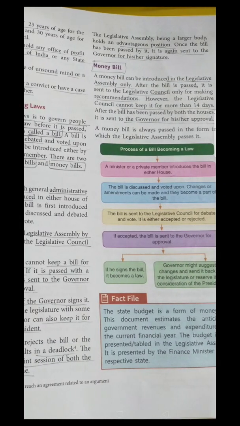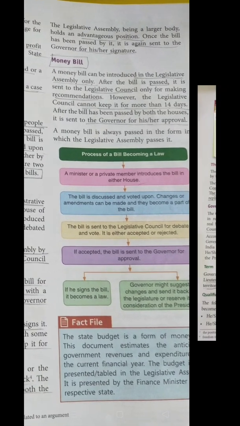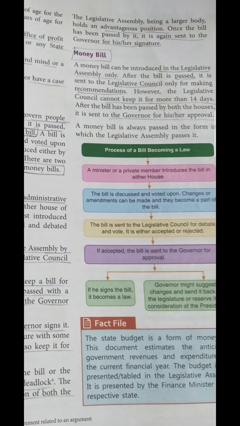But if I talk about the money bill session, how the money bill is going, definitely what happens is that the money bill can be introduced in the legislative assembly only, and after it is passed by the legislative assembly, it goes to the legislative council just for recommendation.